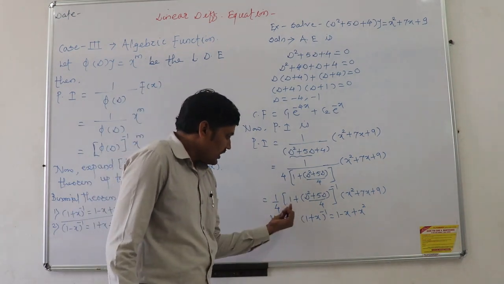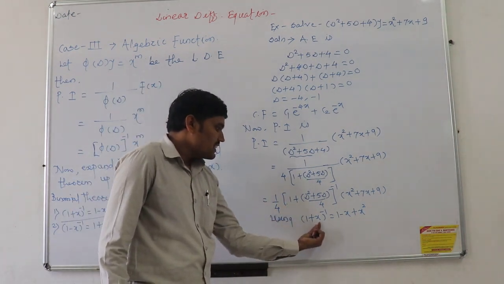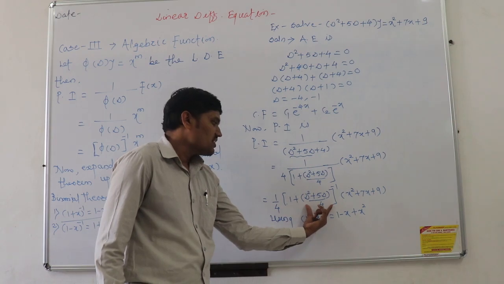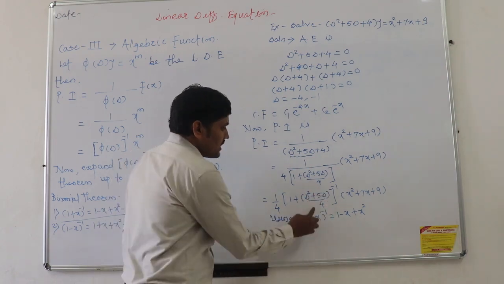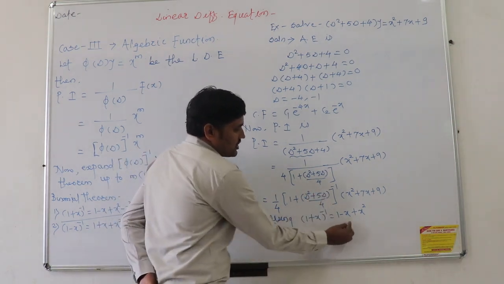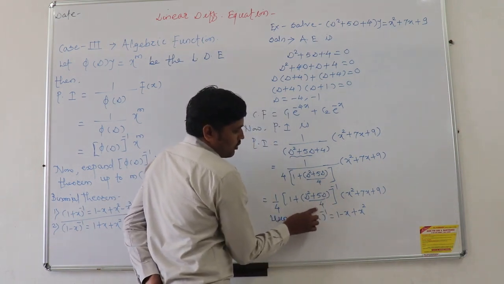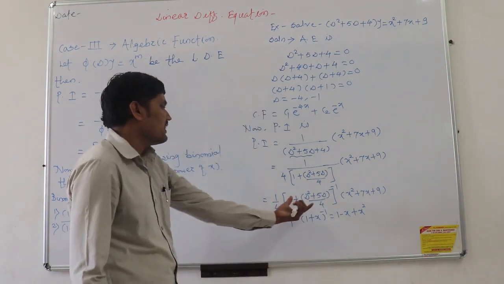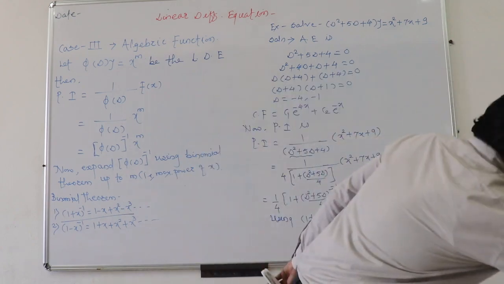Now the first term is 1, so here also the first term is 1. So after 1 there is x, and here x means this D square plus 5D upon 4. So our x is D square plus 5D upon 4. So instead of x, substitute this D square plus 5D upon 4. We get the required expansion.